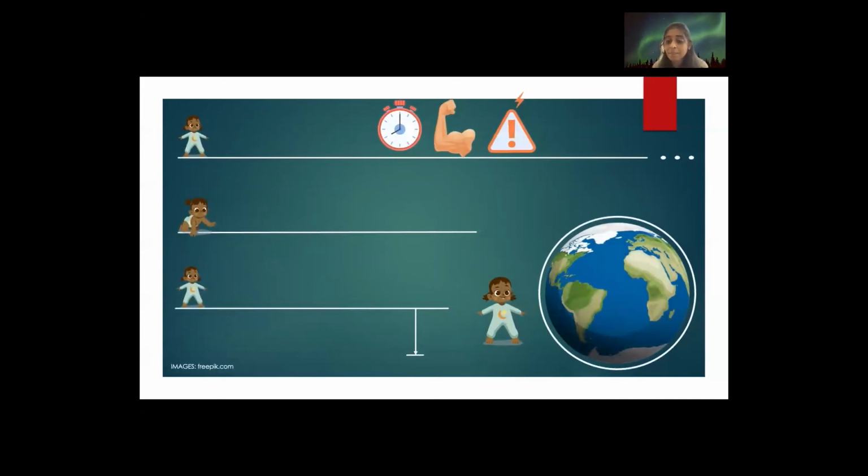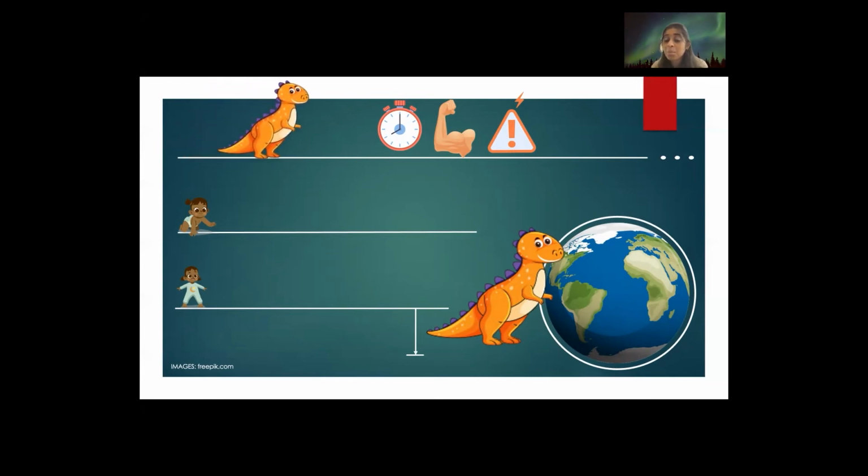Now compare the method we are trying to develop to a dinosaur traversing the same distance. What advantages does a dinosaur have as compared to the toddler? The dinosaur can take humongous steps and thus can traverse the path in a much shorter time. Similar to this, our method enables larger time steps, thus making the simulations run a lot faster. Next, the dinosaur is strong and makes sturdy steps.